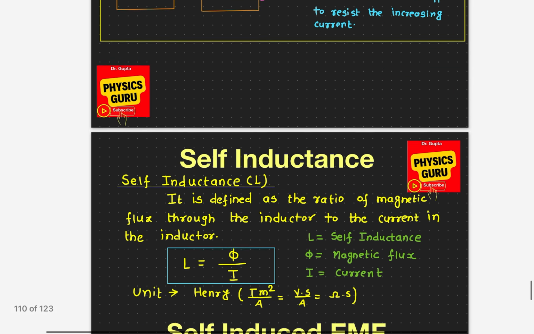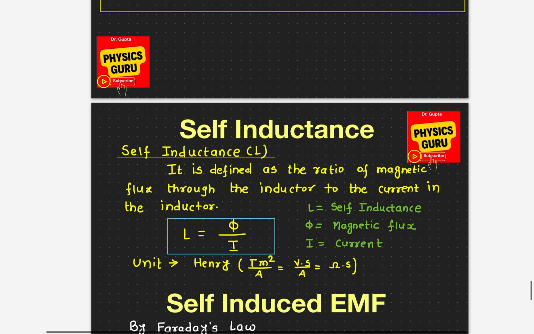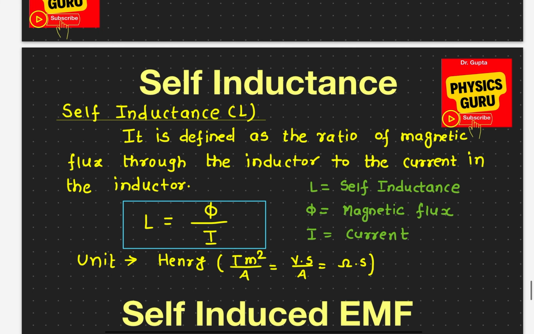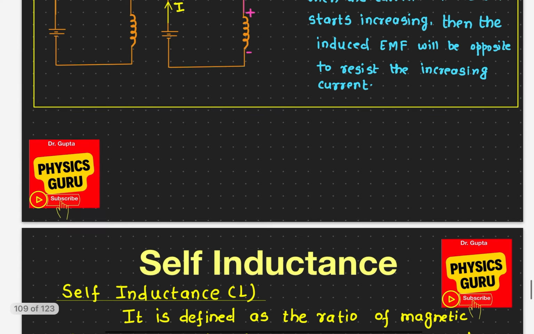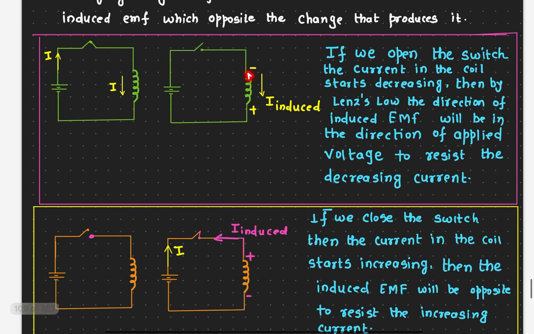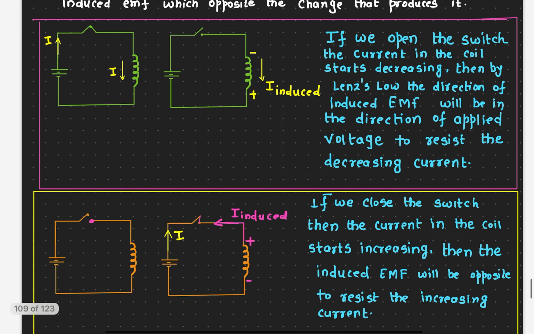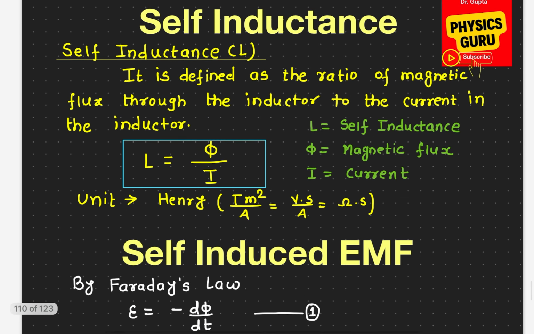Okay, so now how do we define the self-inductance? The self-inductance we define as the magnetic flux passing through that coil divided by the current passing through it. So the magnetic flux passing through this coil divided by the current, that we call the self-inductance.